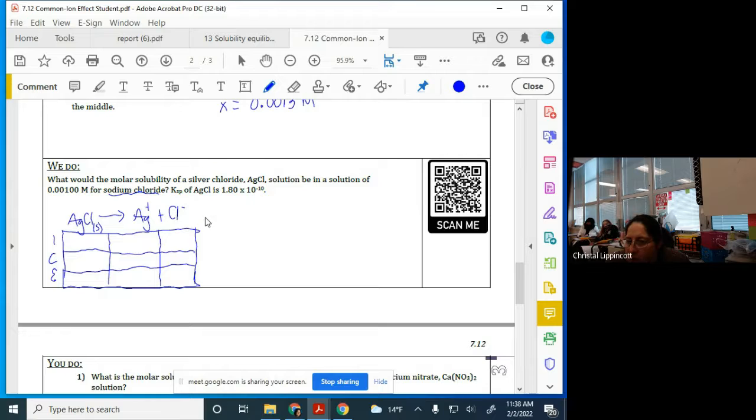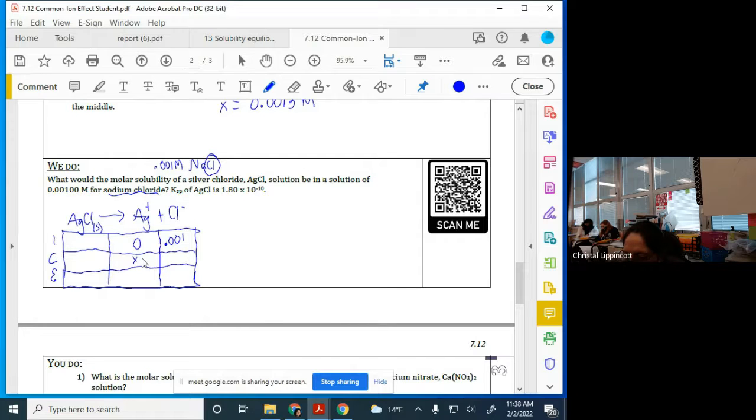All right. So this guy, we're starting out. We've got sodium chloride. Remember our formula for that is NaCl. So for every 0.001 molar of this, I have 0.001 molar chloride. So I'm going to put that over here because I've already got that in solution. I don't have any silver to start with.